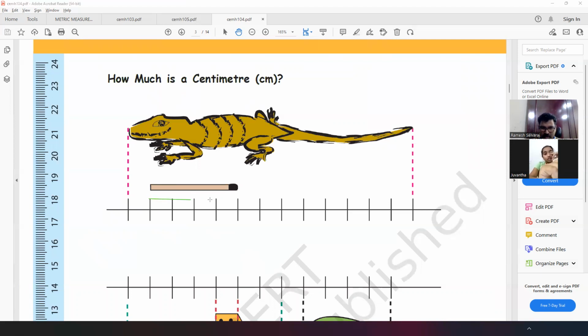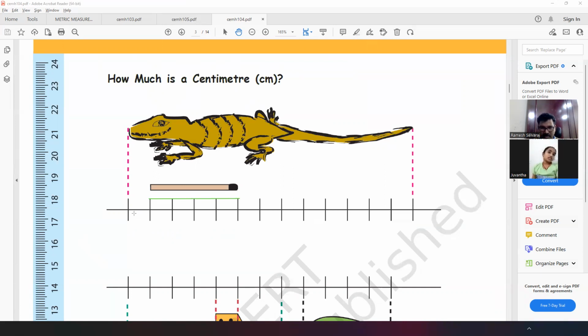It's starting from here and ending here, right? Totally 1, 2, 3, 4 gaps are there. From here to here, it will be 4 centimeters long. And if you see, 12 centimeters long is the lizard.